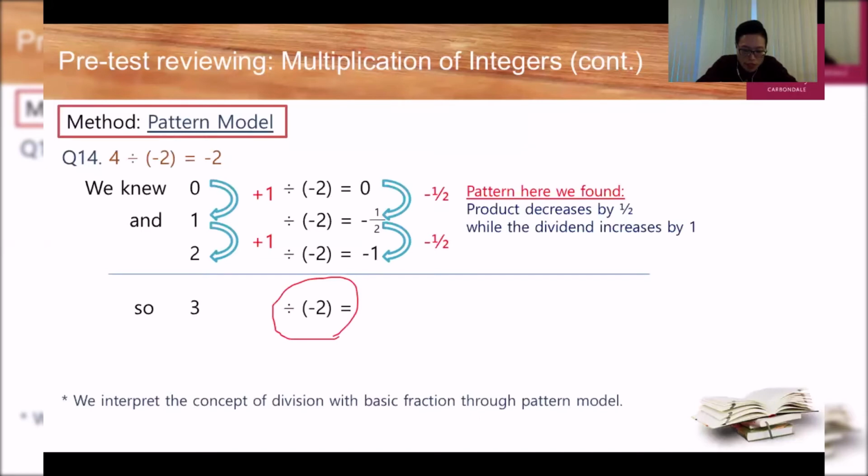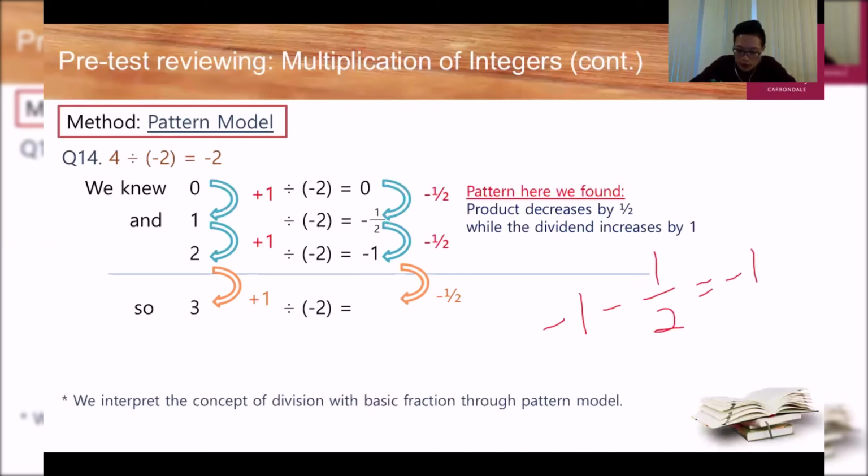So 3 here is the dividend, and when dividend increases by 1, the product will decrease by 1/2. So -1 minus 1/2 will be -1 and 1/2. And we can write this mixed number as an improper fraction. It is -3/2.